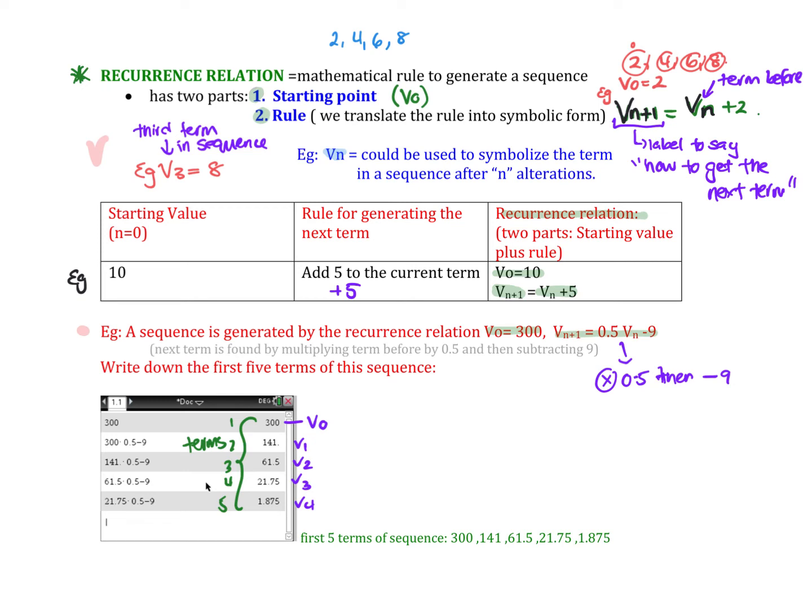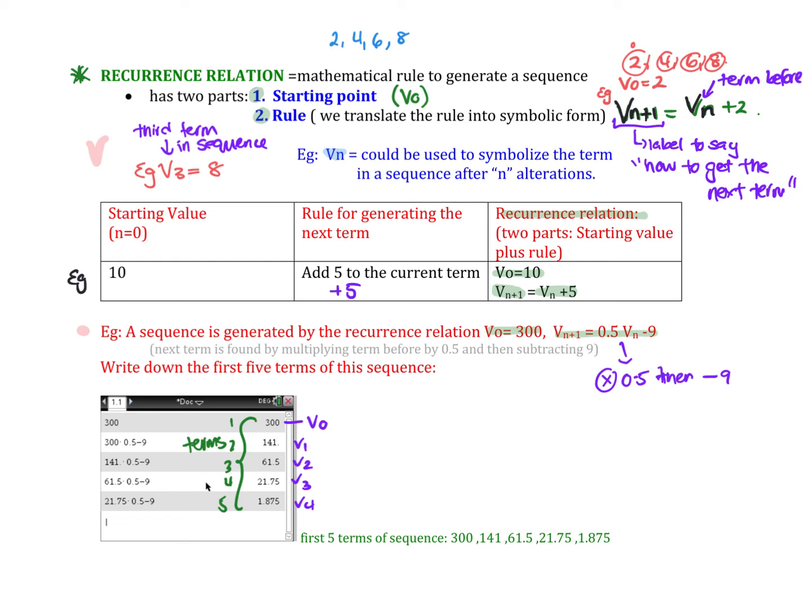That can be a little bit deceiving when it's asked, so don't worry, it will be a lot clearer. That one's a little bit vague because some people will be going, well, do I call it V0? We do call it a term, but if you were asked to find the 5th value, you'd have to go one more, all right?